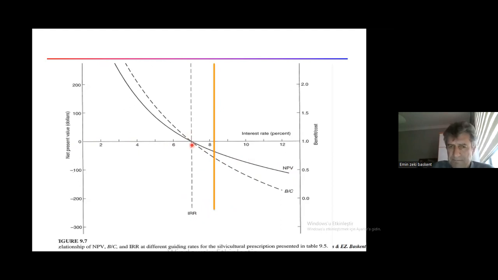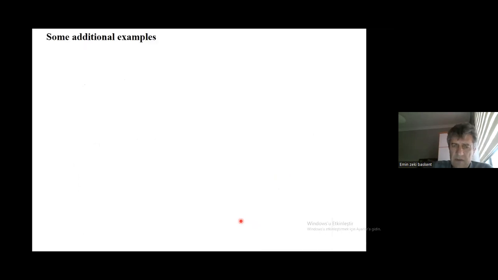If we increase the internal rate of return, net present value becomes negative and benefit cost ratio becomes less than 1. So this shows the relationships among the financial criteria that we use. Also, they are mathematically related, as you can see over here.